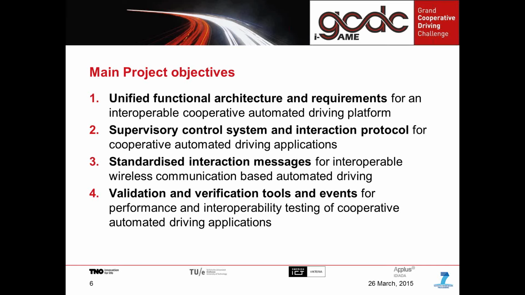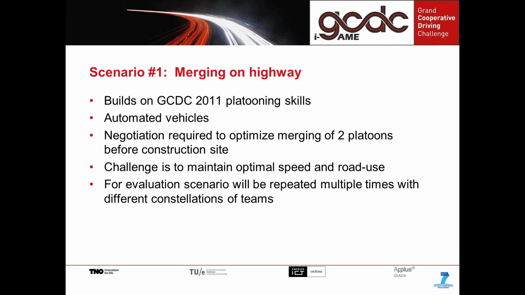We want to deliver messages that can be used for future ETSI protocols. And of course, the validation and certification of the tools and events are a key element in obtaining this. So this is about the goals of the project.